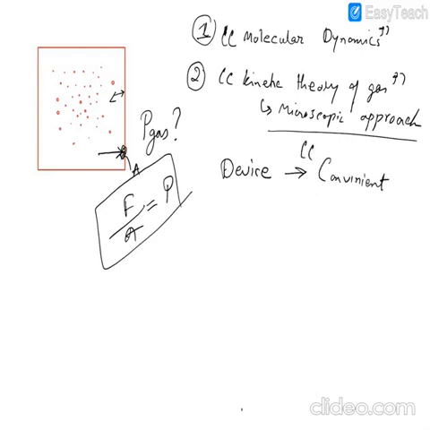Okay, so that would be great for us if we can somehow find out the pressure in a more easy and simple way, rather than going into the molecular level, or rather going into some statistical description. So this type of analysis or way is called the macroscopic approach.